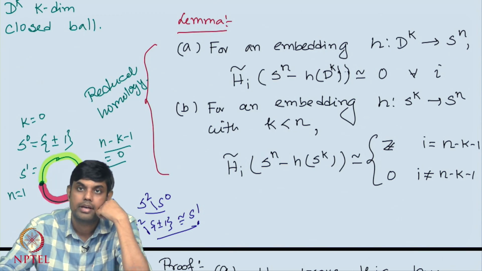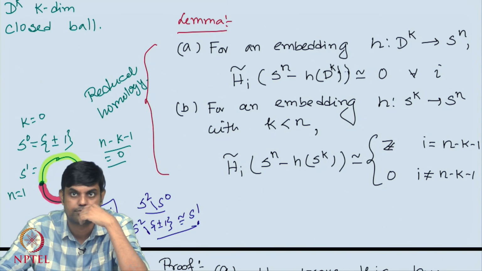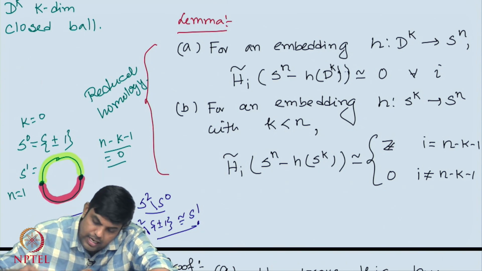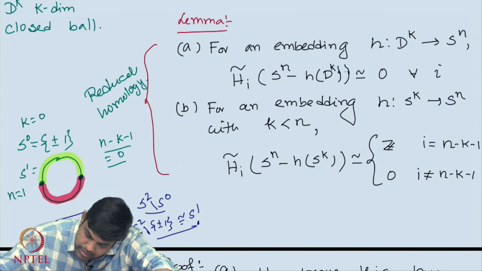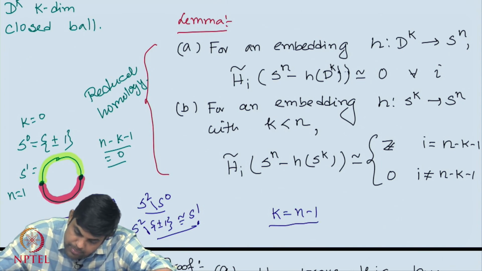In particular, if I put k equal to n minus 1, what will happen on this side? It will become n minus 1 minus 1, that will be 0.